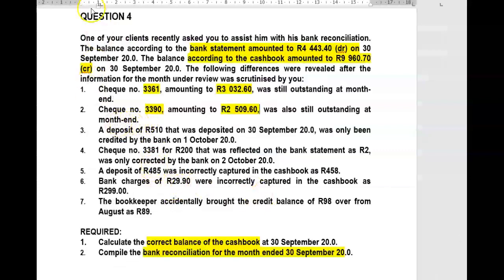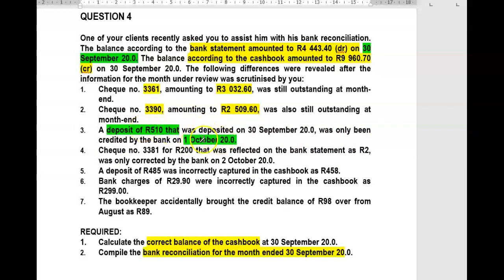A deposit of 510 Rand that was deposited on 30 September was only credited by the bank on 1 October. So as at 30 September, the date of the bank statement, that has not yet been shown on the bank statement. Is it correct that we have processed the 510 Rand in our books? Yes, it is. We have made the deposit.